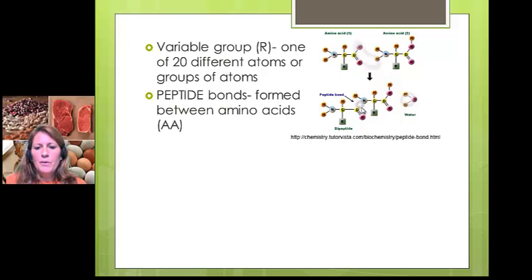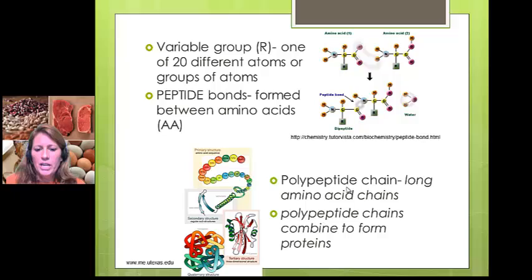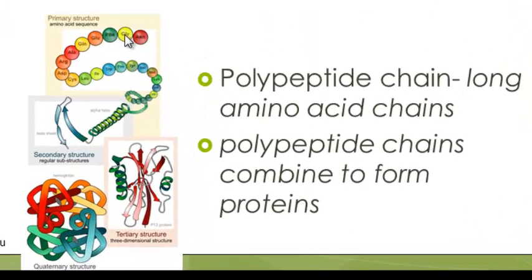What holds the amino acids together are called peptide bonds. Anytime you see any term related to peptide, you're talking about something related to a protein. Just keep that in mind, especially if you can't figure out a term. A polypeptide would be a long chain of amino acids, so that's what this structure up here is, the different kind of balls.